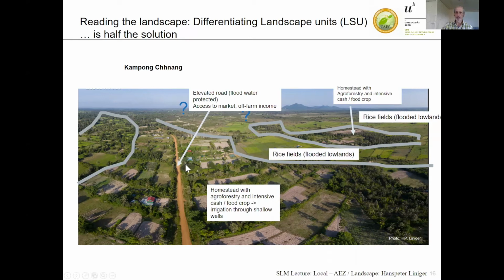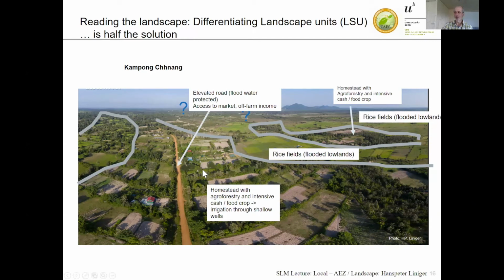Some of the people living close to the road have the possibility, because of infrastructure, to go and get some income outside agriculture. That income they bring back and then invest into the land use.